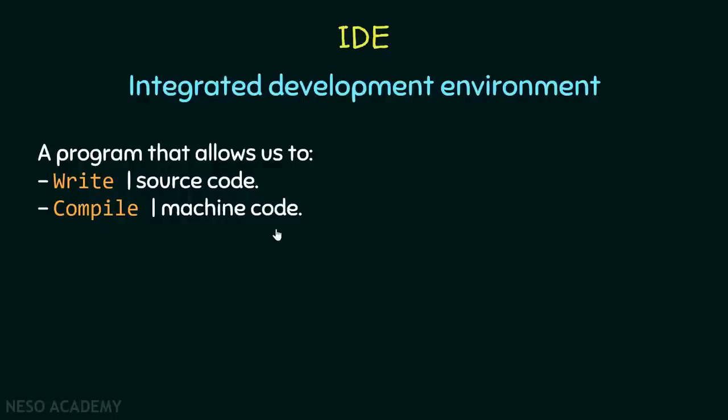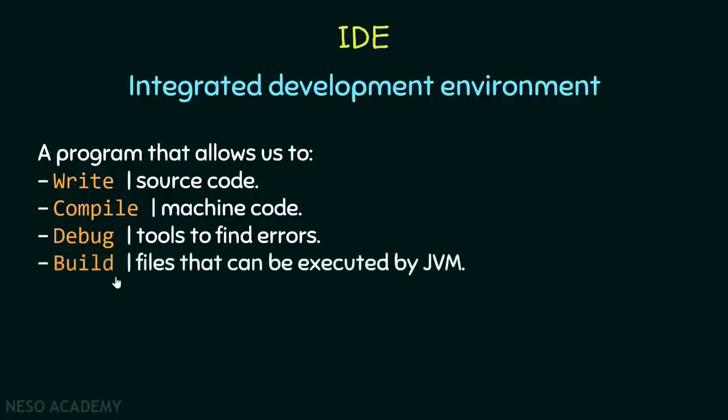Now, this IDE contains some tools to help us debug our program, and these tools help us to find errors in our programs. Also, we will be able to build our program from within the IDE. So after we write our source code and compile it to machine code, we will be able to build our program so that it can be executed by JVM, alright?